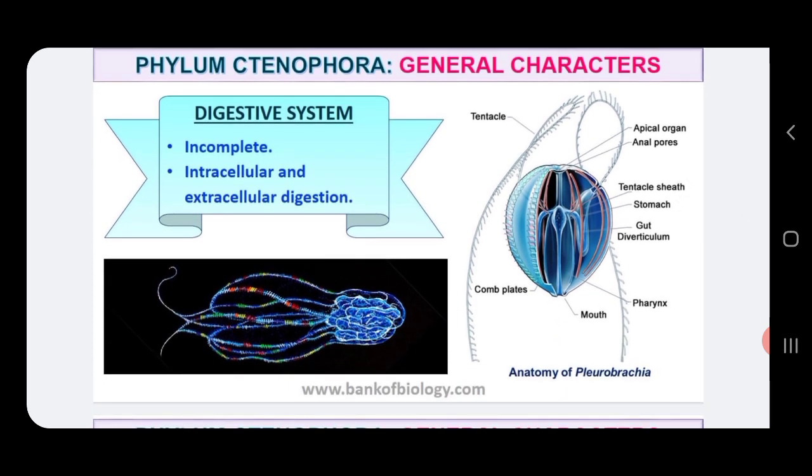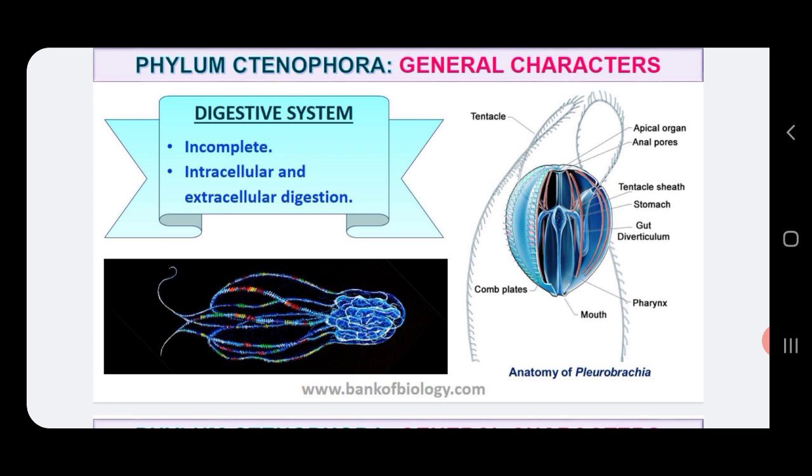The next one is regarding the digestive system. Here the digestive system is incomplete. Digestion is both extracellular as well as intracellular, and the digestive tract consists of mouth, pharynx, stomach and anal canal.